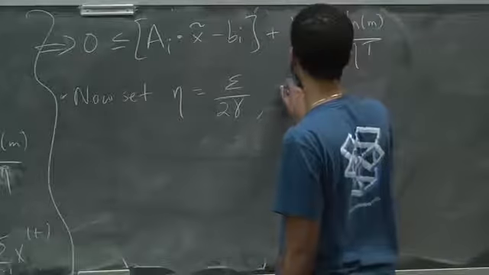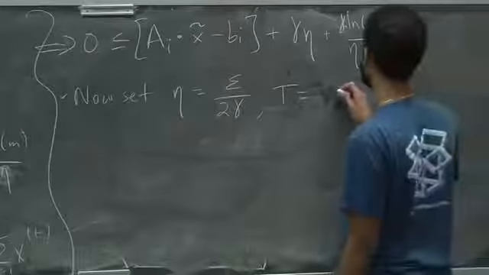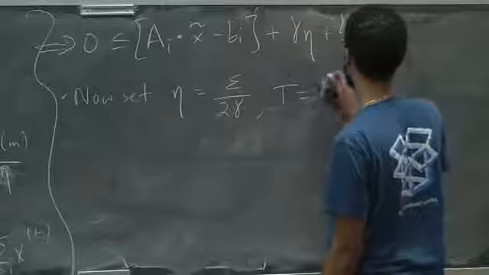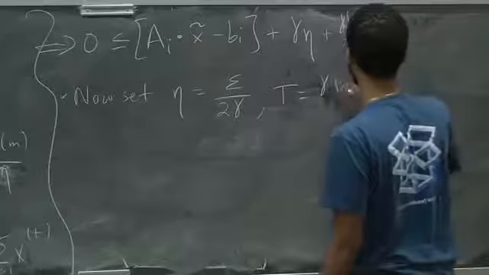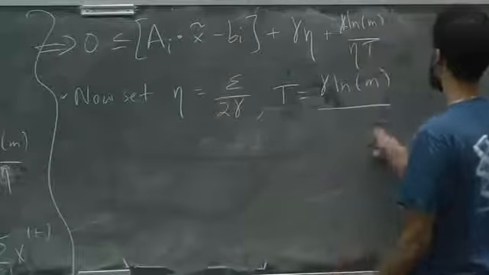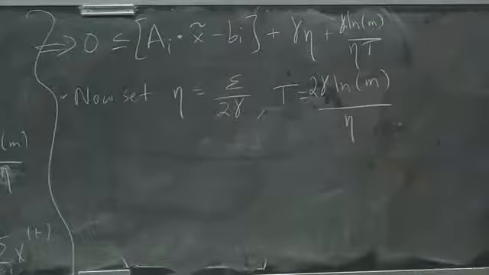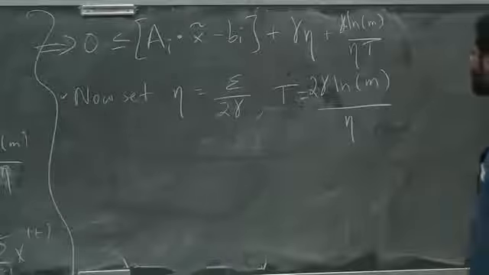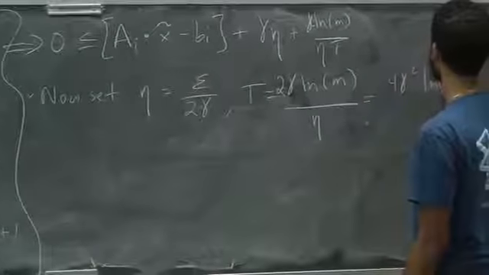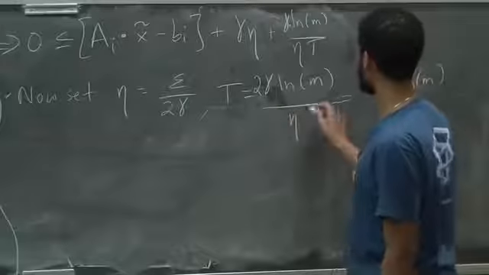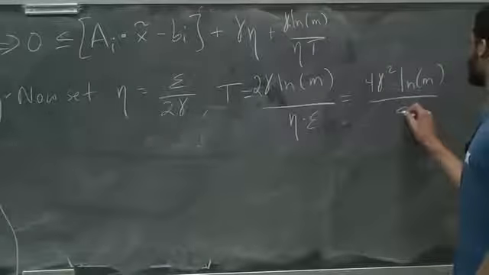And now set t to make this at most epsilon over 2, which means 2 gamma ln m over eta. If you plug in what eta was, this should be 4 gamma squared ln m. Let me also put an epsilon here, because I want this to be epsilon over 2, over epsilon squared.